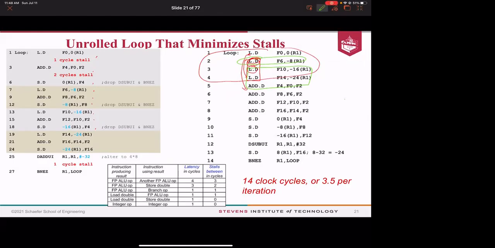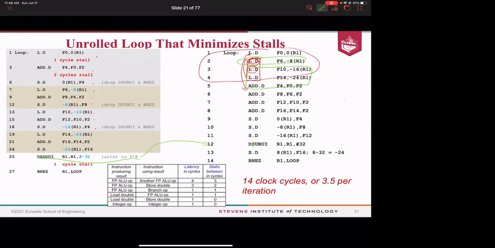And then for the adder, before the branch instruction, we can actually get it done earlier, right? We change it to this.